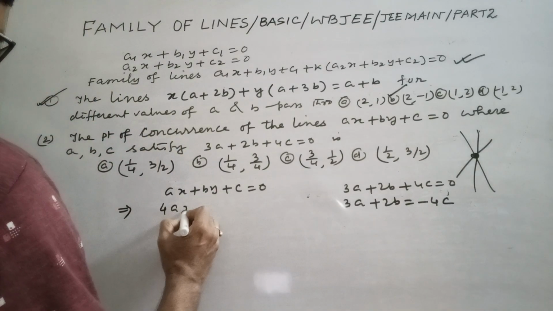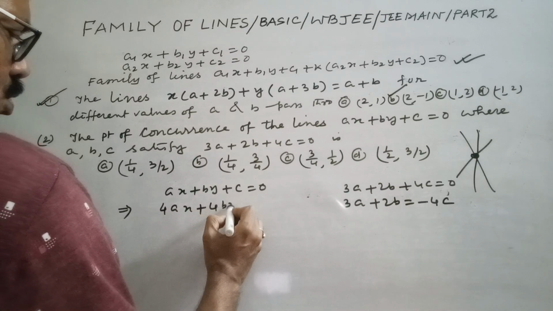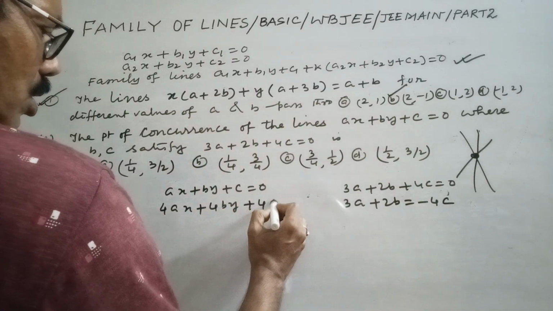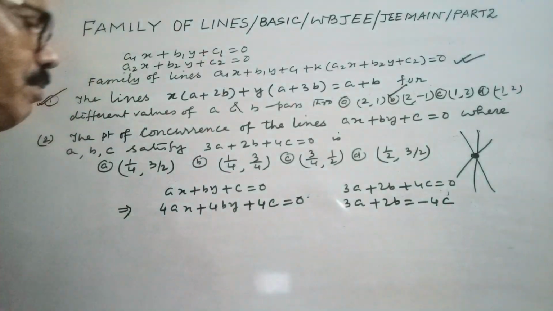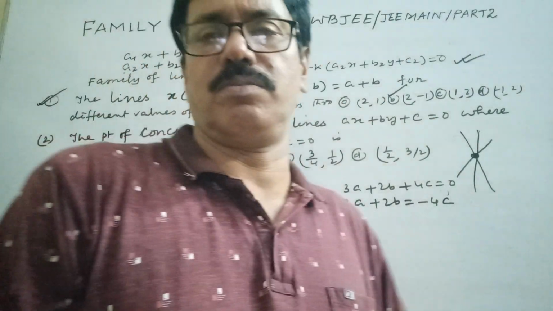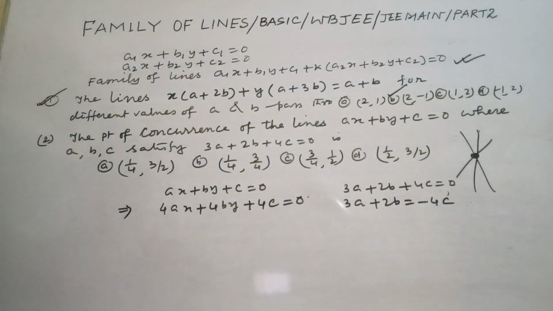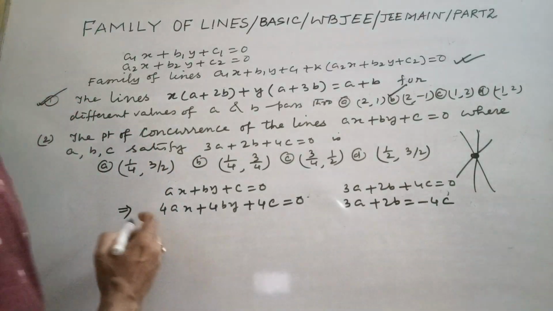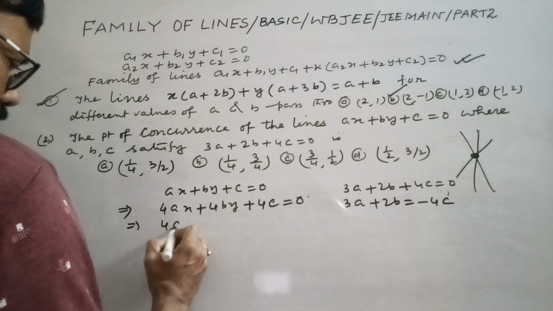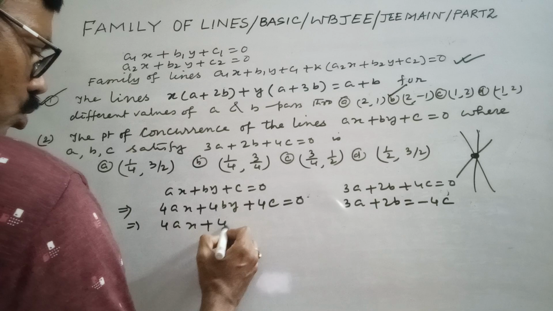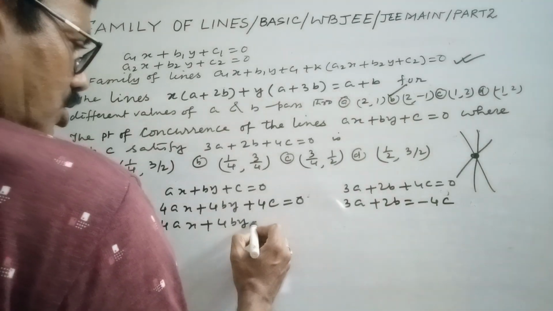So 4ax plus 4by, and you eliminate c from these two equations by any method. Now what is c? 4ax plus 4by, and what is c?